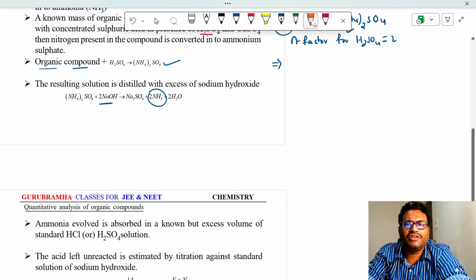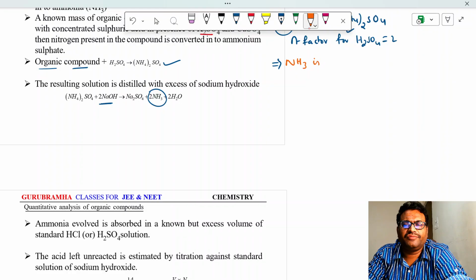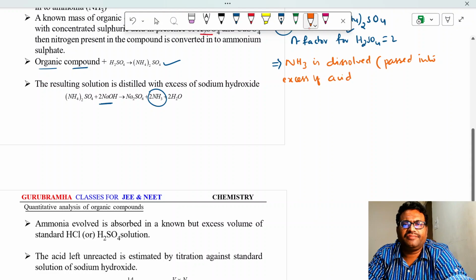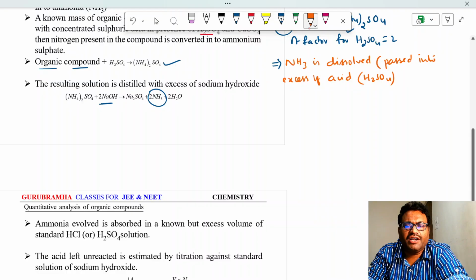Right? What is that? Ammonia is dissolved or passed into excess of acid, standard acid, taking H2SO4. So now you take H2SO4 here.